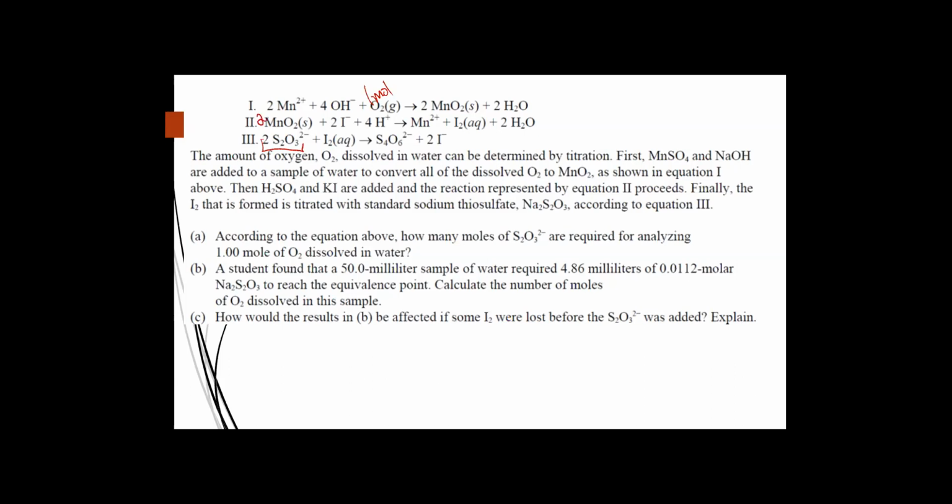And if we have 2 moles of that MnO2, then that's going to make 2 moles of our I2. If we have 2 moles of that I2, then that means that this needs to double and we need 4 moles of that S2O3. So we need 4 moles of it. And so now go ahead, try to tackle part B and part C. And then we're going to show you the answer on the next page.